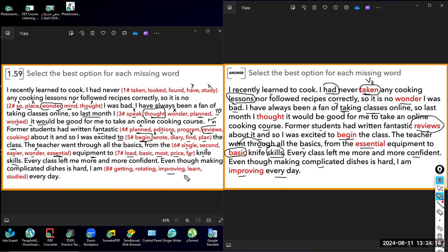Let me tell you why it's not learn. Notice that I have I am, and here I have the auxiliary, which is verb to be. After auxiliary, I have to use verb ing. So here we have learn. We don't have ing with learn. So it's not I'm learn. It's wrong to say it like that.